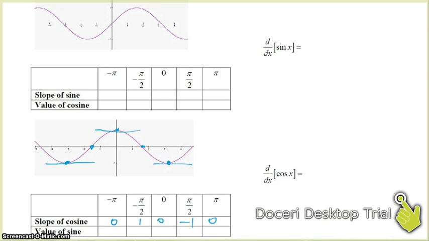This is actually not sine, because we know sine right here is 0, right here is 0, and right here is 0. And sine's value right here is -1, and this is 1. But if I multiply the -1 by negative, it becomes 1.